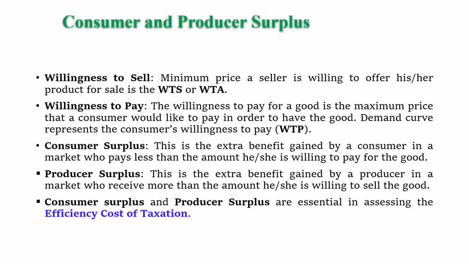So what happens here is I'm experiencing a gain. If I decide to buy the good, I am going to experience a gain. And that gain is referred to as the consumer surplus. I am willing to pay $10 for the good, but the good actually costs $8. So the difference between those two, the $10 and the $8, is my consumer surplus.